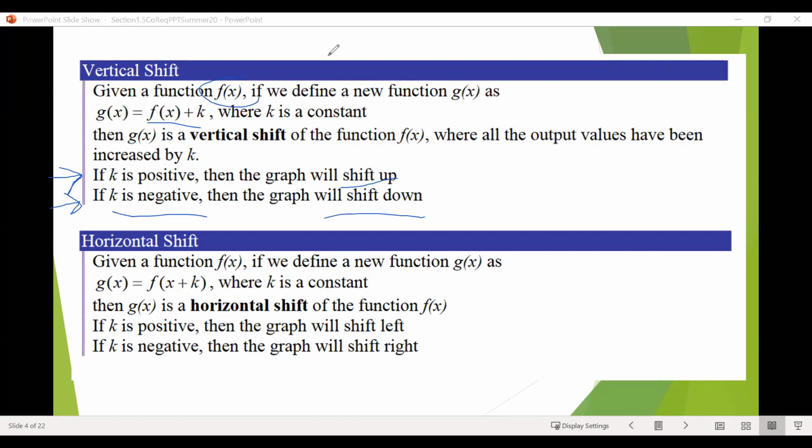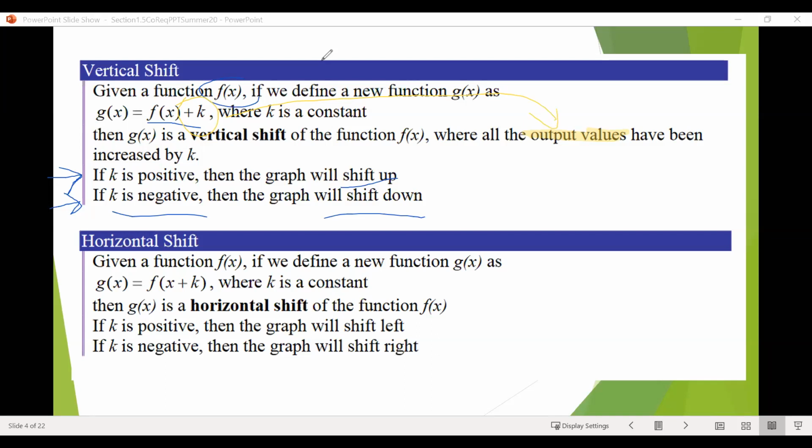And also notice, as I pointed out, it says here that shift impacts the output values. And I'll highlight that this number that you're adding or subtracting is being done on the outside of the function, and so it impacts the output values. Okay, so it changes your values on the vertical axis.